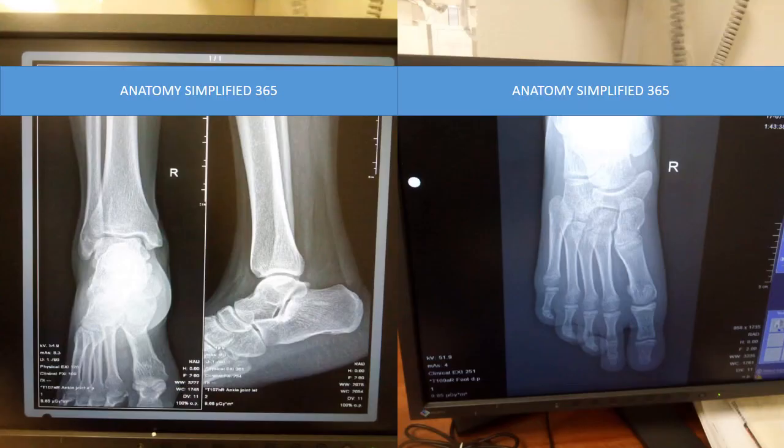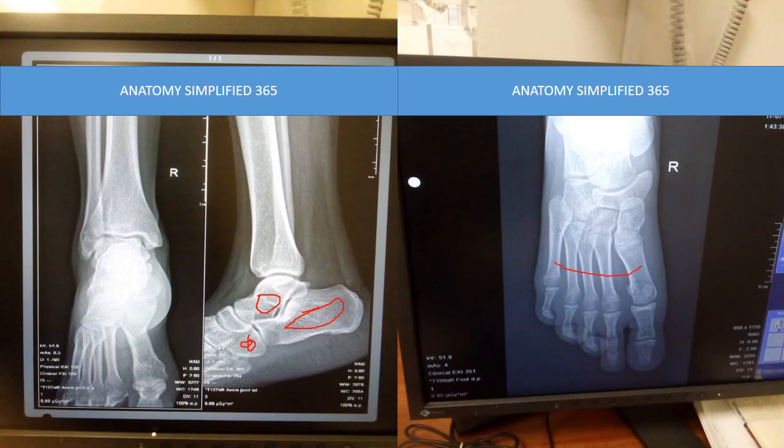When you look at an x-ray, this is briefly how these bones appear. Calcaneus is right here and talus is right there. This is the cuboid. Then we have the metatarsals on the other view. We have them here.